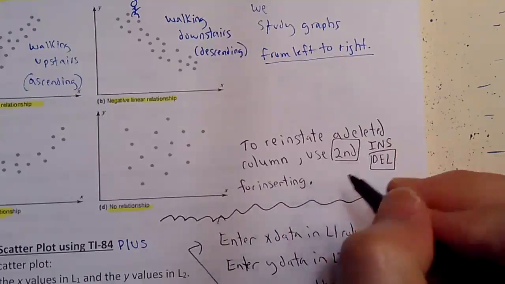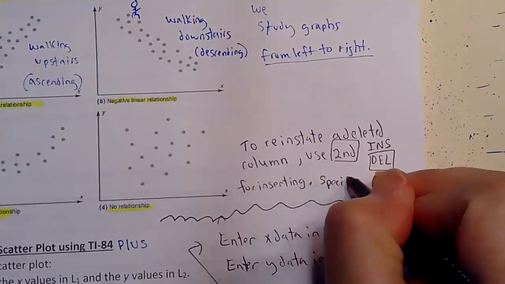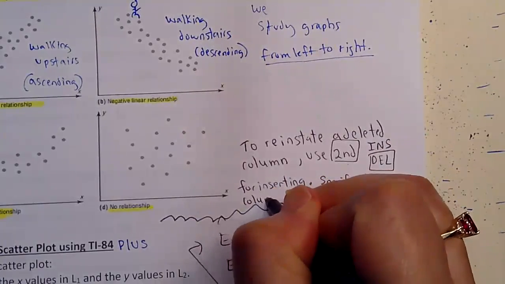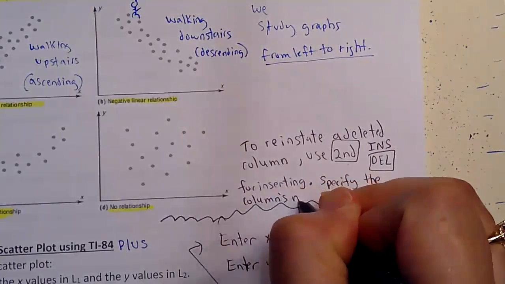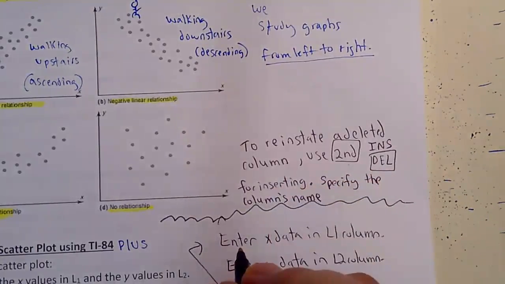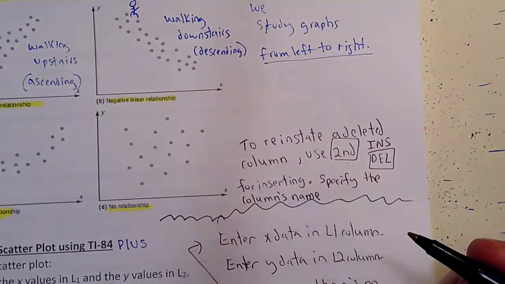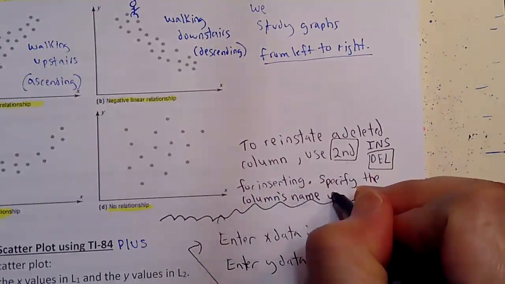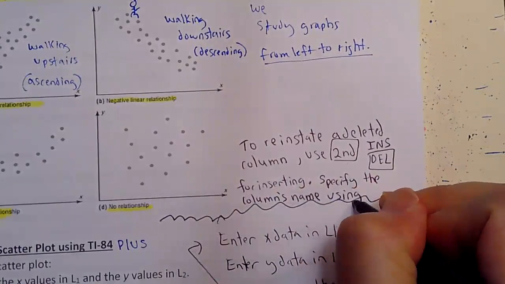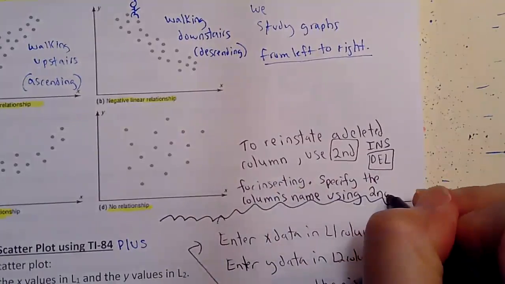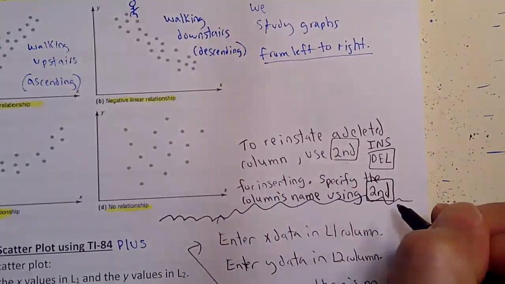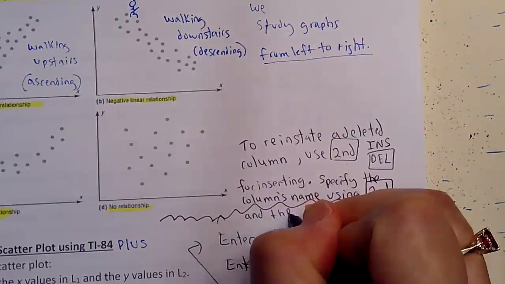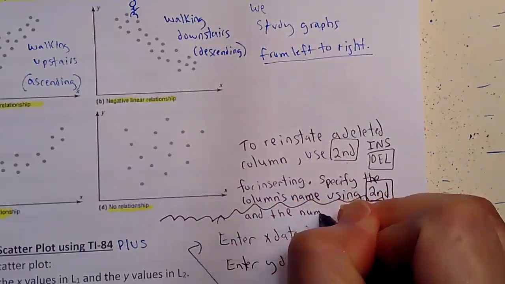And then you would have to specify the column's name, like maybe you accidentally deleted L1 or L2. So you have to specify the column's name, and you would do that by using the second button and the number needed.